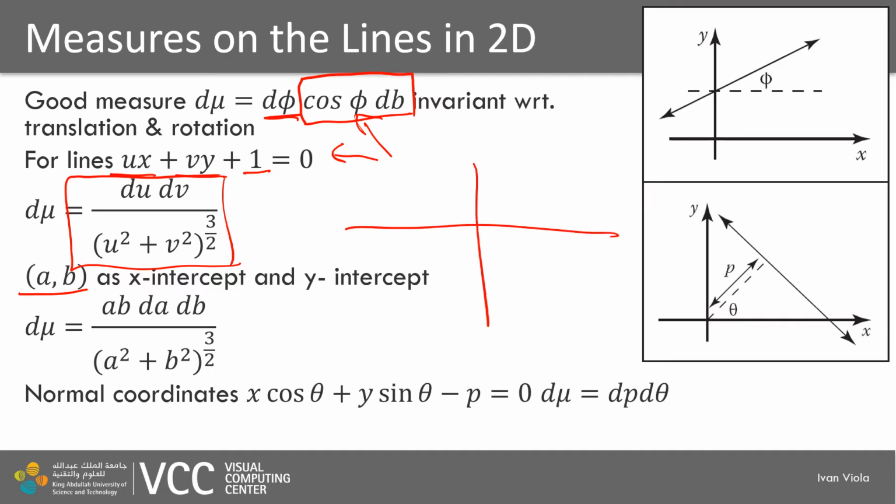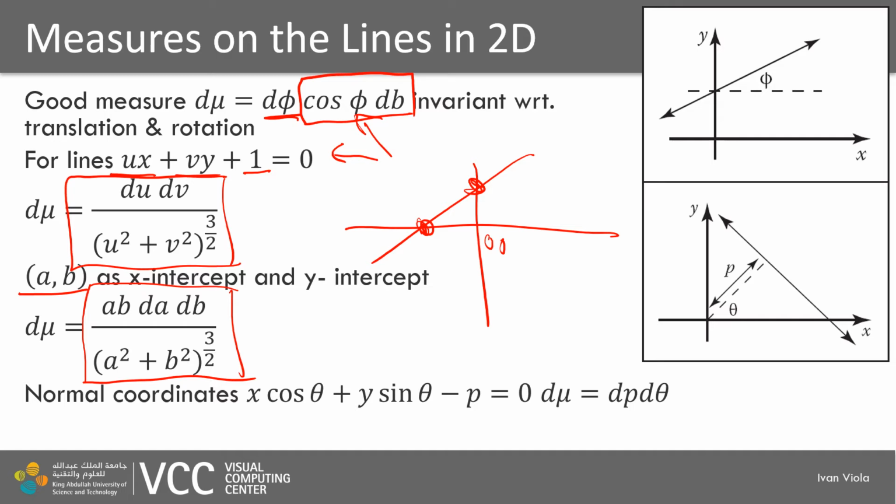So if we have our line, this is the coordinate system, here is 0, 0, and the line looks like this, then this will be the value of A, and this will be the value of B. So that is the characterization of a line through this x and y intercept space. And the measure for such a space defining lines will be an appropriate one, will be this one.